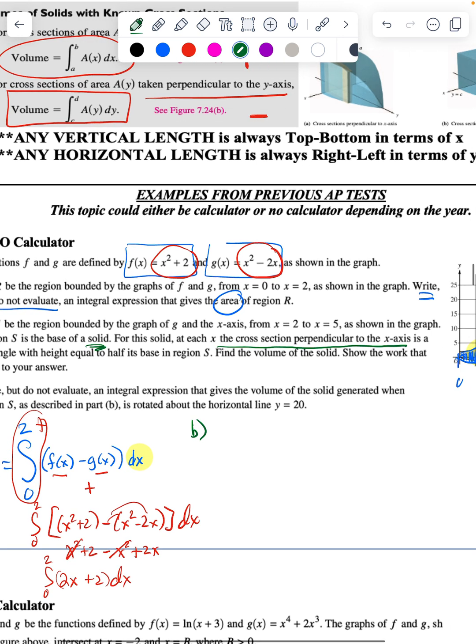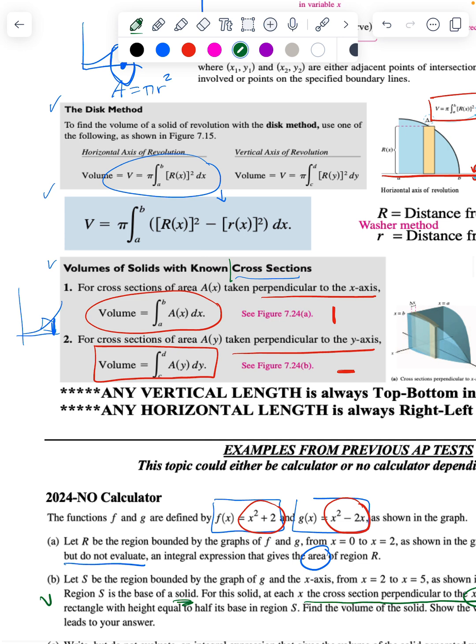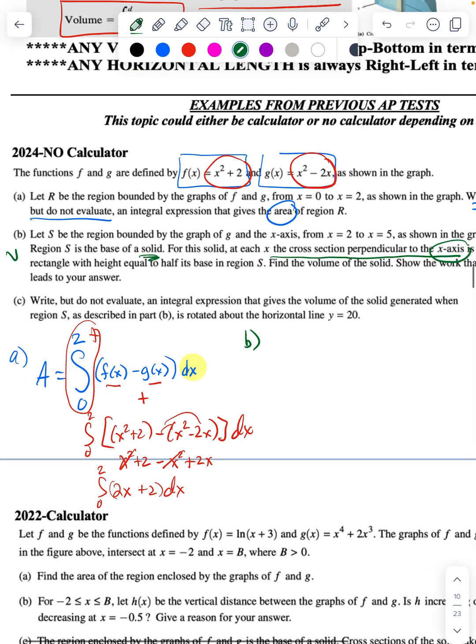The only time I would use pi in a cross section is if I'm going to be using semicircles as my cross section. It says the cross section perpendicular to the x-axis. So thinking back here, if I'm doing cross sections perpendicular to the x-axis, I am writing my function in terms of x, which is comfortable for us because that's the way we usually do it.